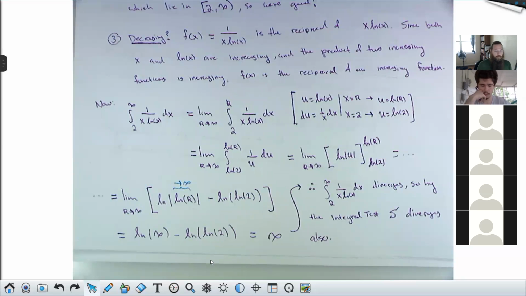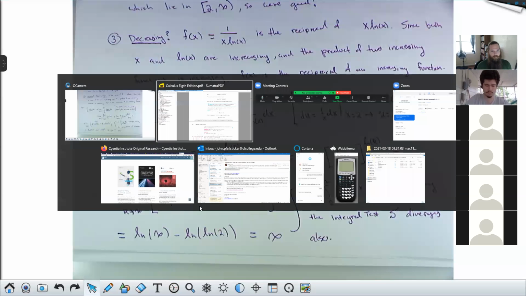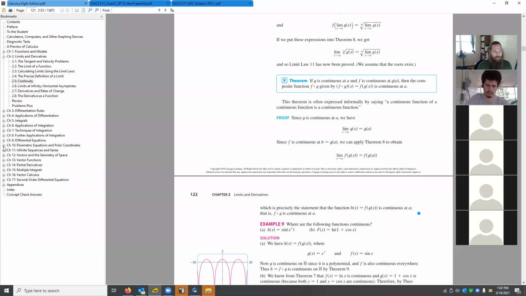So like if the integral comes out to 5, does that mean the series is equal to 5? No, not necessarily, because the area under the curve isn't the same as the area in the rectangles. Remember that kind of analogy from Tuesday? Yeah. So there is a relationship between them, and the textbook does explore that relationship in some depth.